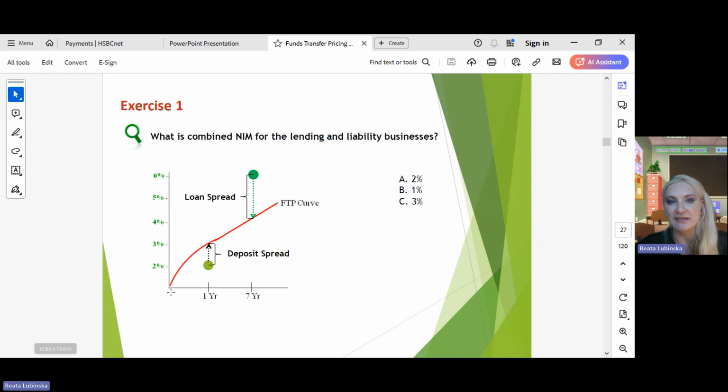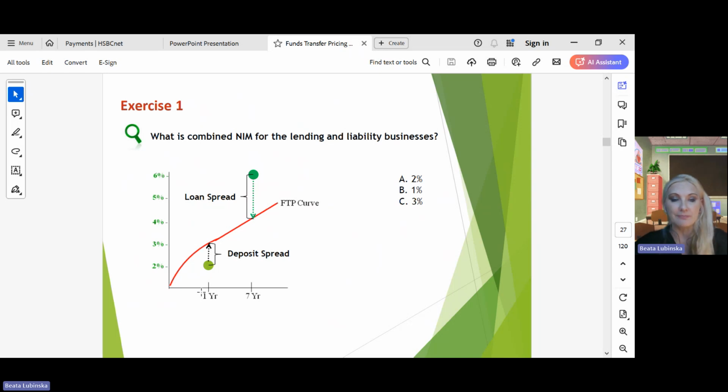So you basically have the FTP curve. You have the spread on top of the FTP curve for the asset, for the loan. You see that the all-in customer price for this loan is 6%, and this particular 7-year tenor of the FTP curve is 4%.